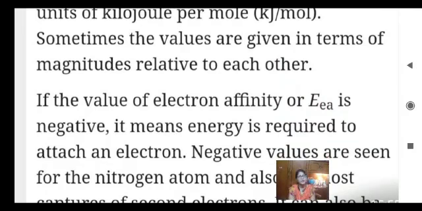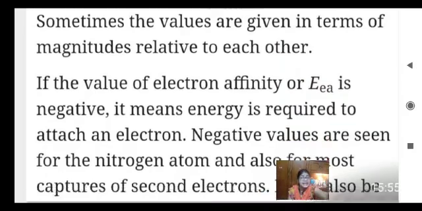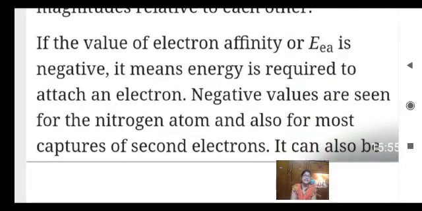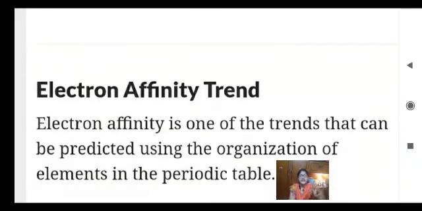If the value of electron affinity, or EA, is negative, it means energy is required to attach the electron to the atom, and negative values are seen for the nitrogen atom and for most captures of second electrons. It can also be represented as plus, which means the electron will be released from the outermost orbit of the valence shell.